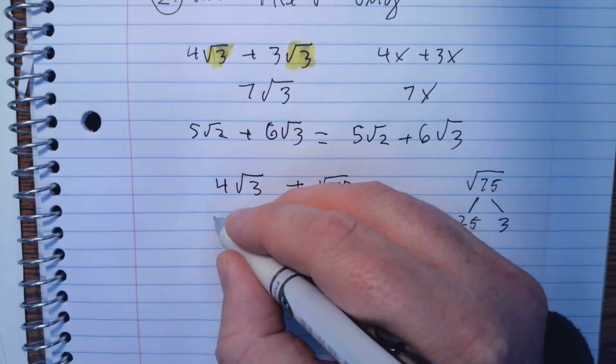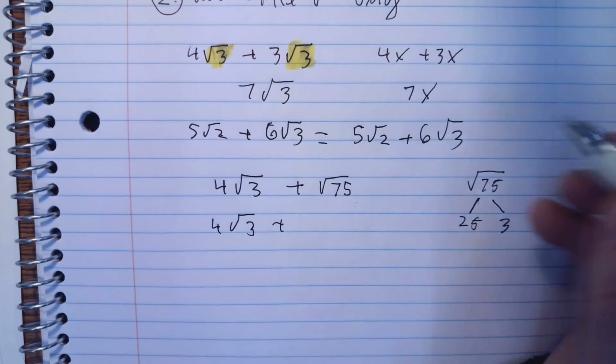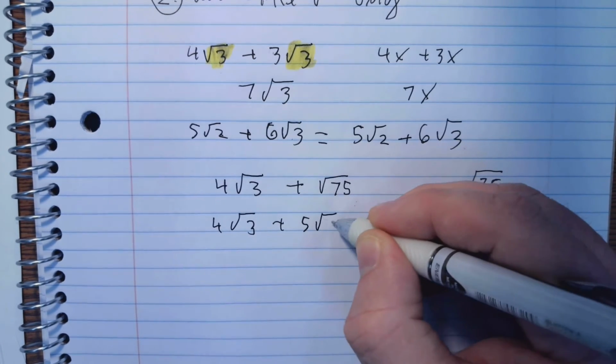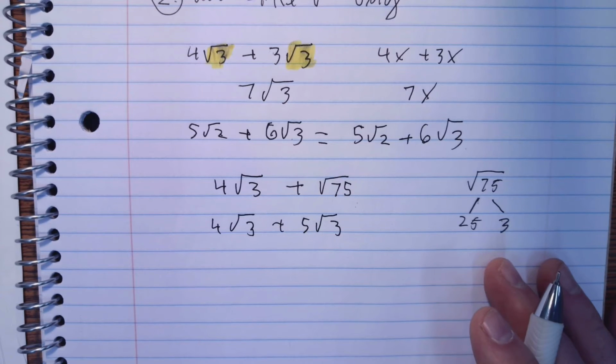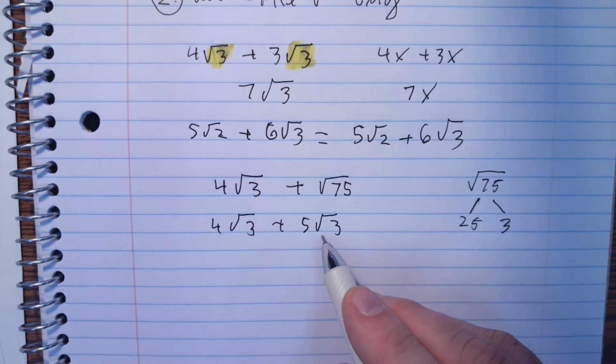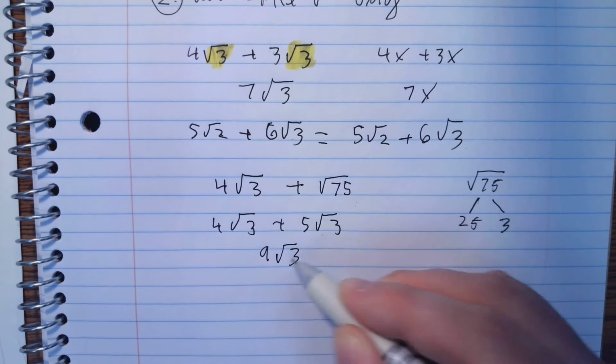Okay, so in your calculator, hopefully it told you that this is 5 radical 3, right? Okay, simplified first. Sometimes you have to do that. And then can I add these two? I get 9 radical 3.